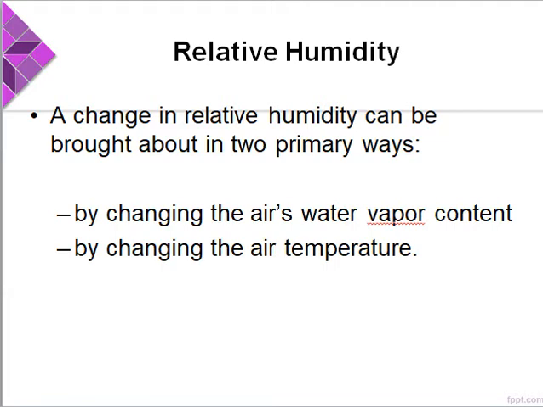Since relative humidity is used so much in the everyday world, let's examine it more closely. A change in relative humidity can be brought about in two primary ways: by changing the air's water vapor content and by changing the air temperature.